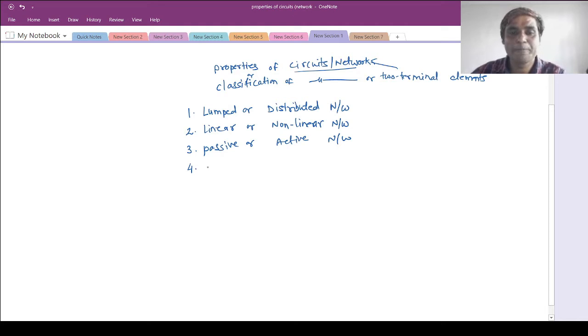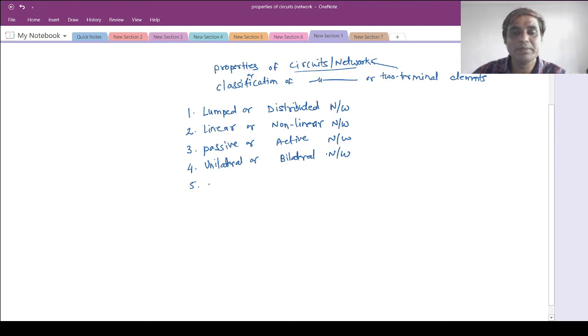Then fourth will be the direction of the network, how it is working, and that can be classified as unilateral or bilateral elements, so I can call it a unilateral or bilateral network.